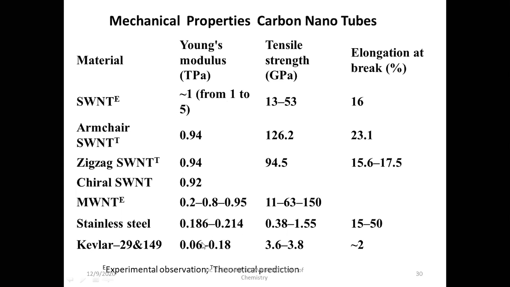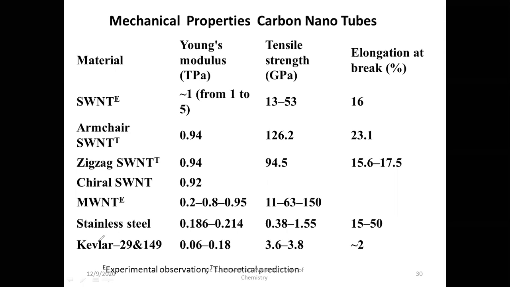The Young's modulus of single wall carbon nanotubes is approximately 1 terapascal, and the tensile strength is 13 to 50, while the tensile strength of stainless steel is 0.3.